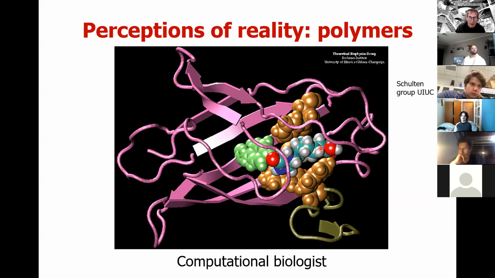So you would have a model of a polymer which is basically elastic sheets with some multi-scale phenomena happening at the important loci. So that's a picture of a polymer from a computational biology perspective.